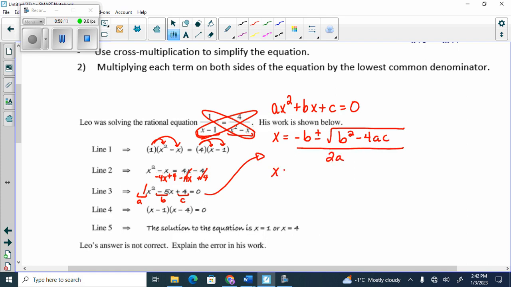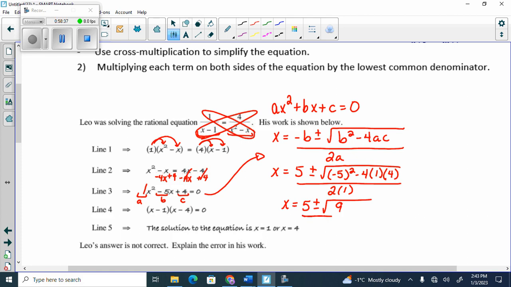So we get x equals negative negative 5, so plus 5, plus or minus negative 5 squared minus 4 times a, which is 1, times c, which is 4, all over 2 times 1. So x equals 5 plus or minus the square root of 25 minus 16, which is 9, over 2. It's really long. x equals 5 plus or minus 3 over 2, and then it splits.